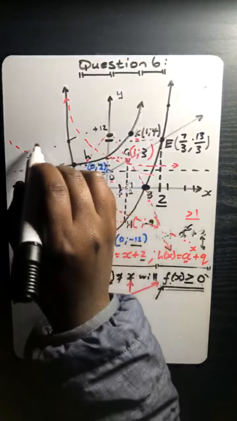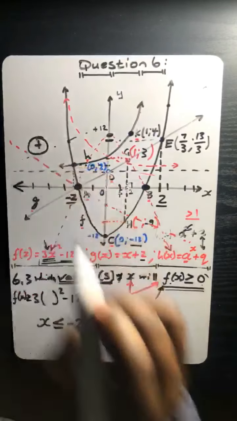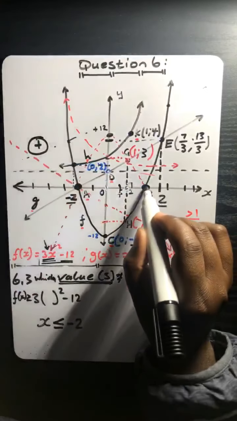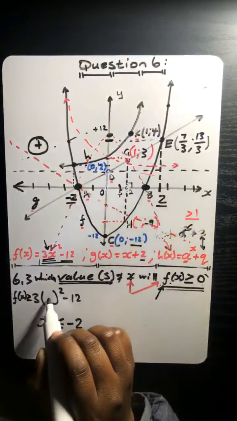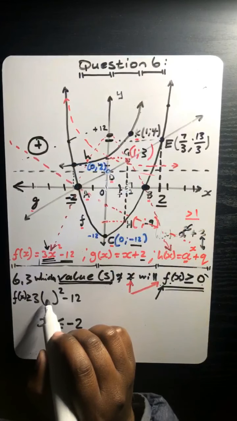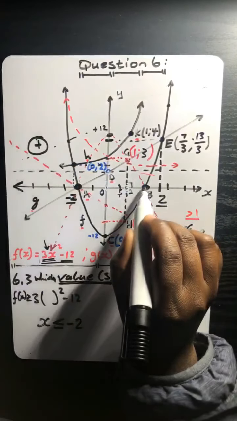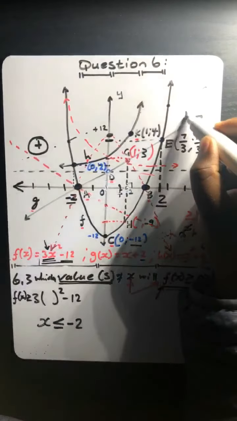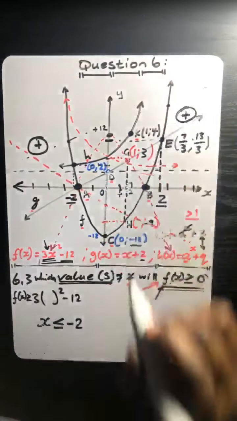Obviously, that's a positive value, as Shravan has said. And also, on this side, if you punch 2 there, you must get 0. Or if you punch any value in that direction, you must get values which are above 0.